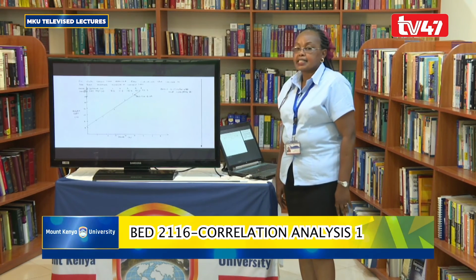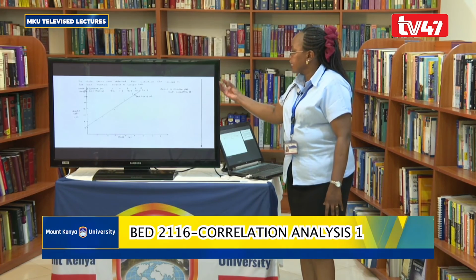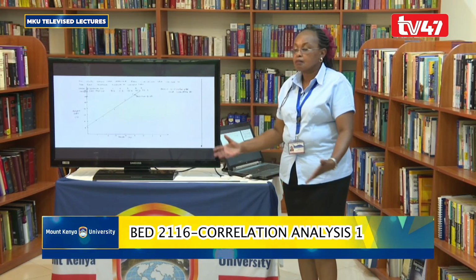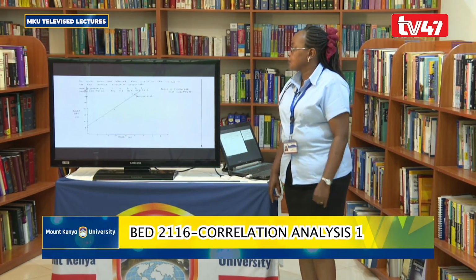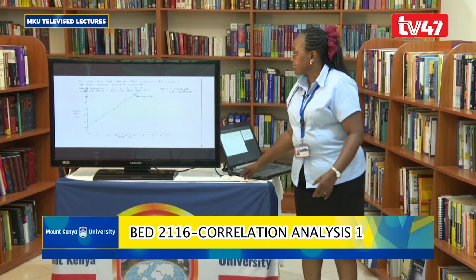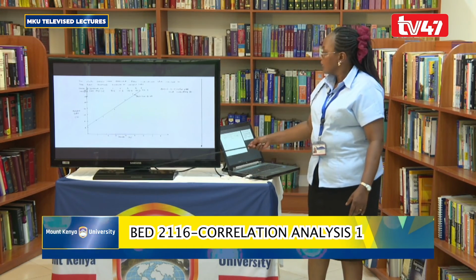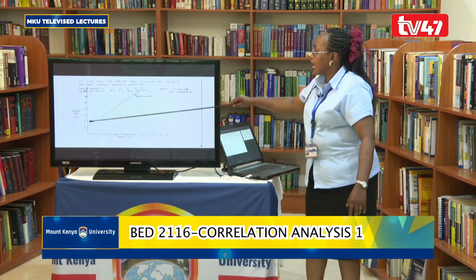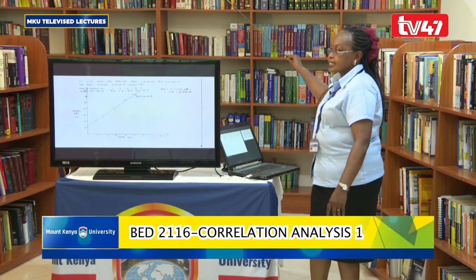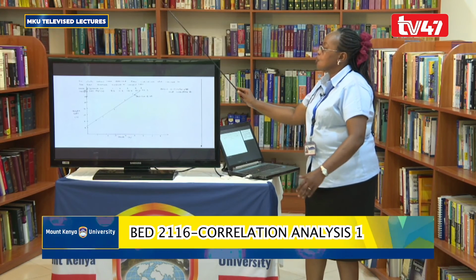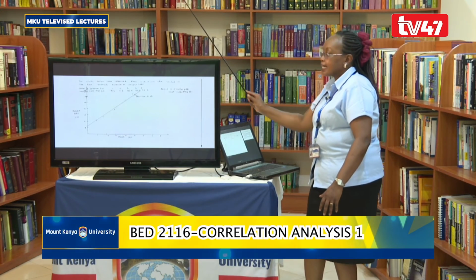Now after that, we are supposed to interpret this line or this data, and therefore we say it is a positive relationship. Why? Because the line is going upwards. If it is negative, it always lands from top coming down.